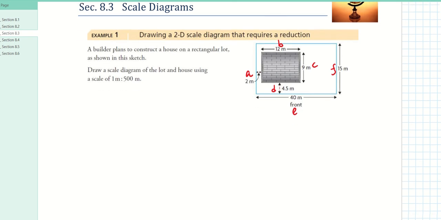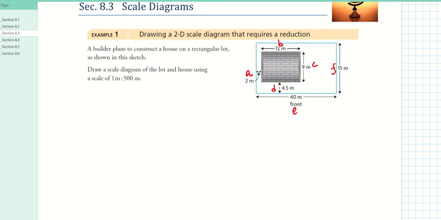So if we're looking at our conversion of 2 meters here for distance A, we're going to use our scale 1 over 500, because 1 to 500 means the same as 1 over 500. So that's the first thing I'm going to write. I'm going to write the scale: 1 meter over 500 meters.